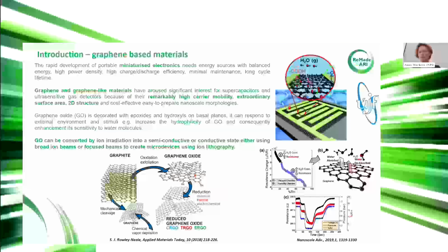So here you can also see a small device made from graphene. This is a humidity sensor. As the molecules of water are absorbed inside several monolayers of graphene, the resistivity is increased. So as the humidity is increased, the resistivity is also increased.